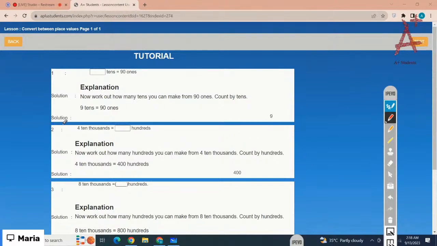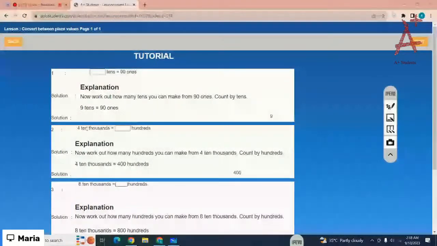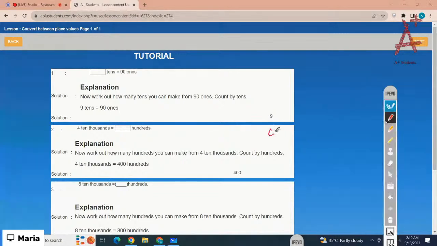You have 4 10,000s, right? How many hundreds do you have in 4 10,000s?